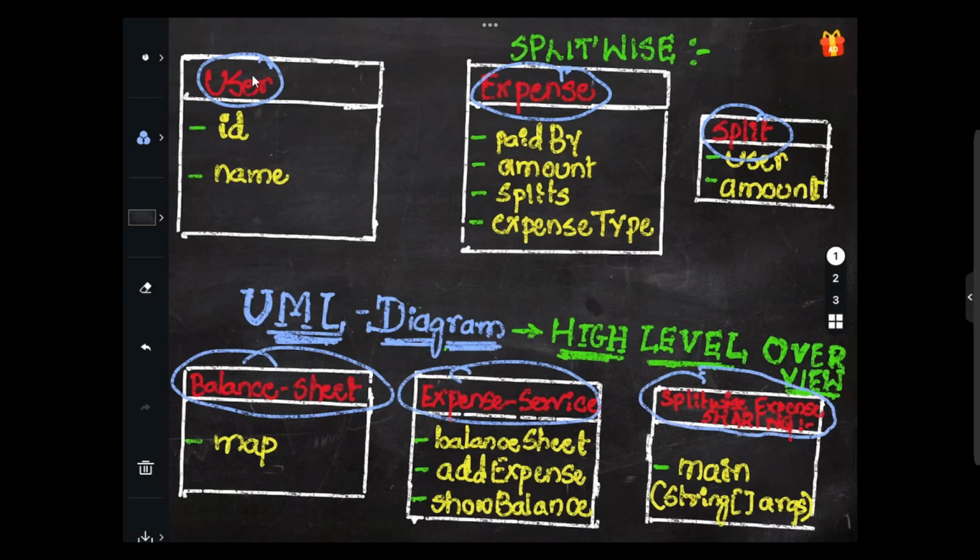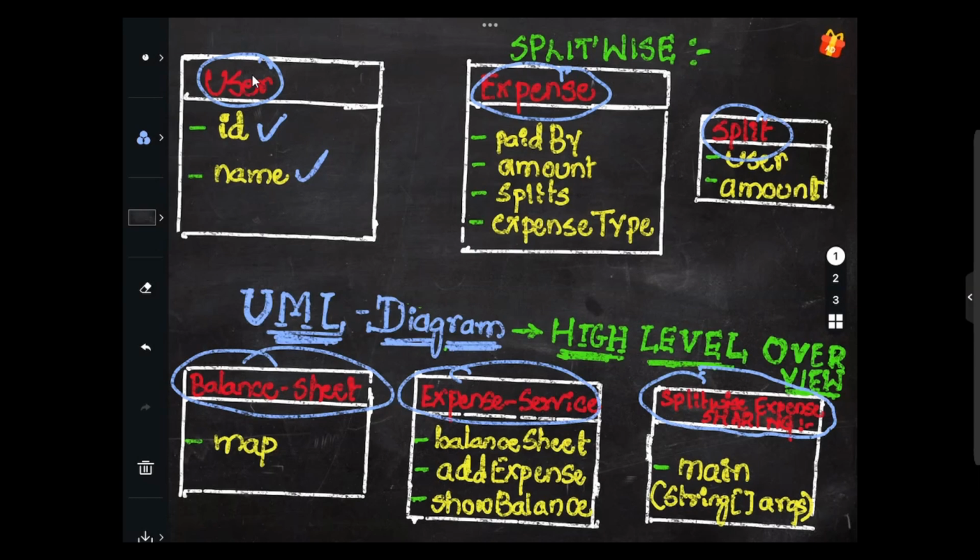Within the User class, we are considering the user ID as well as the username. We need the name of the user as well as the particular ID associated with the user. Here the ID will be of type string and the name will be of type string as well. I hope this is clear. Simple. We will see this when we write the code.